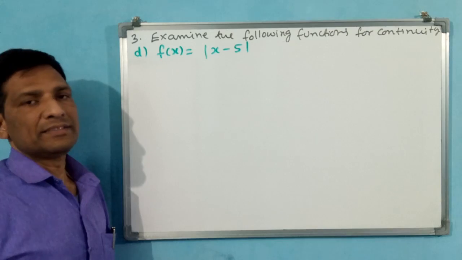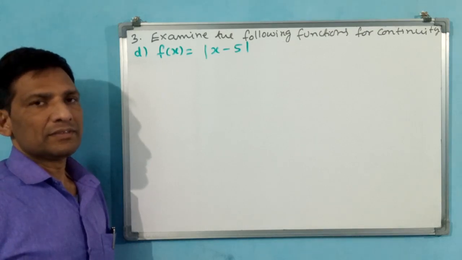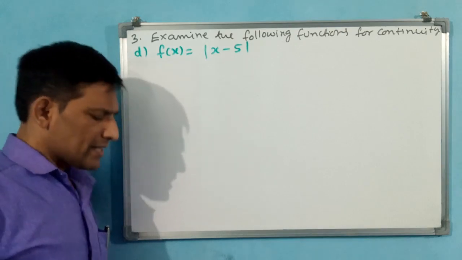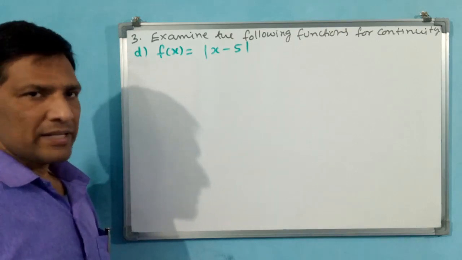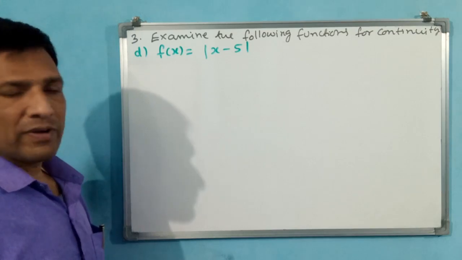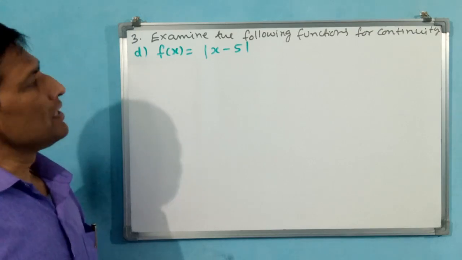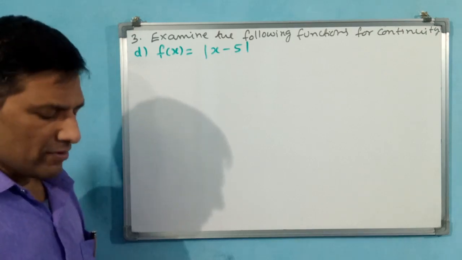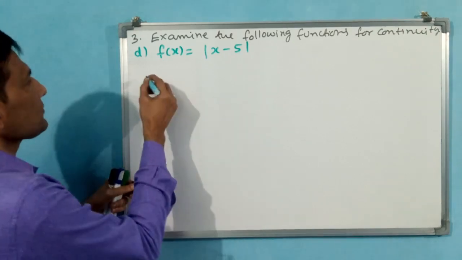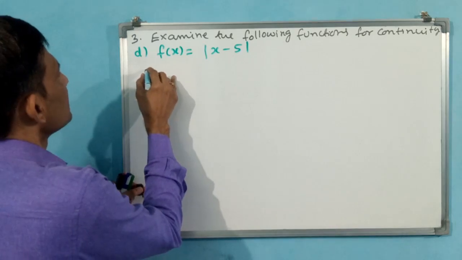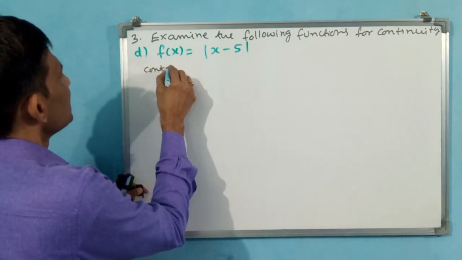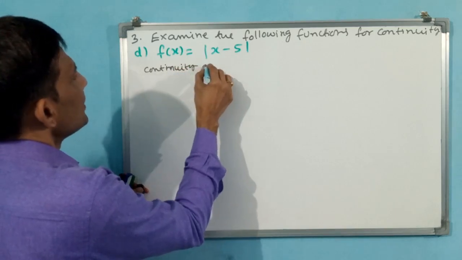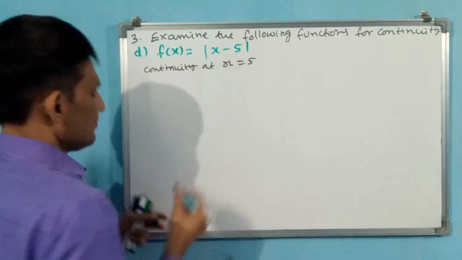Function is continuous, like any one value you have to take, that's all. Let us take three values: x equal to 5, x less than 5, x greater than 5. And we can say that the function is continuous. Write down. Continuity at x equal to 5.